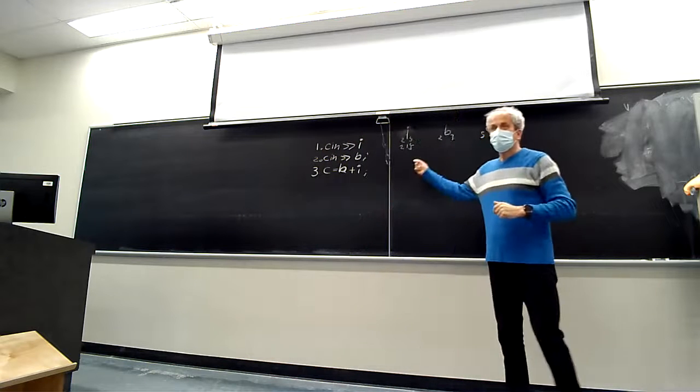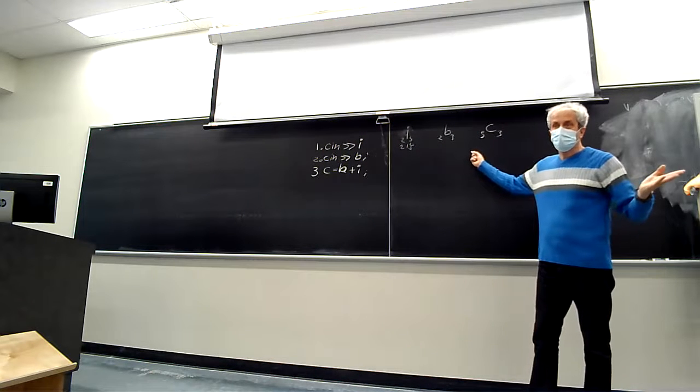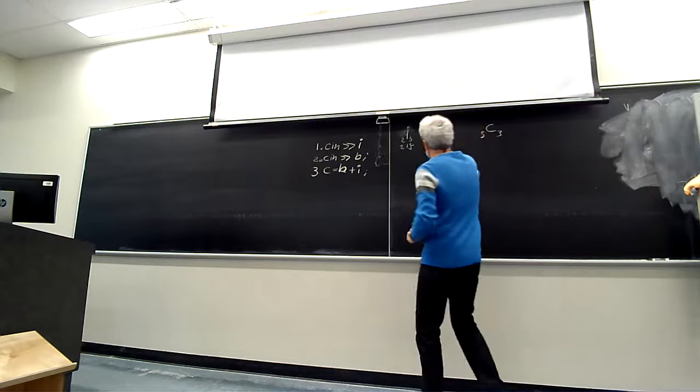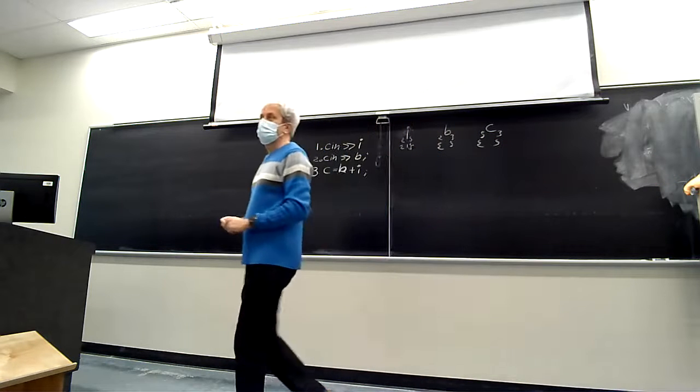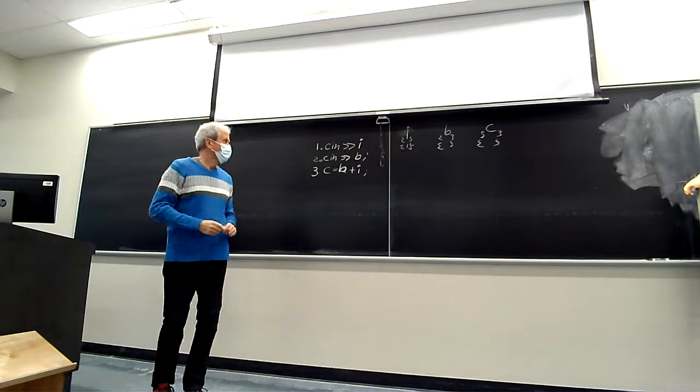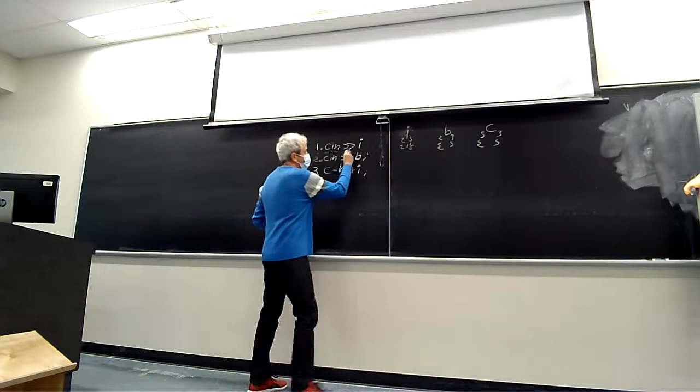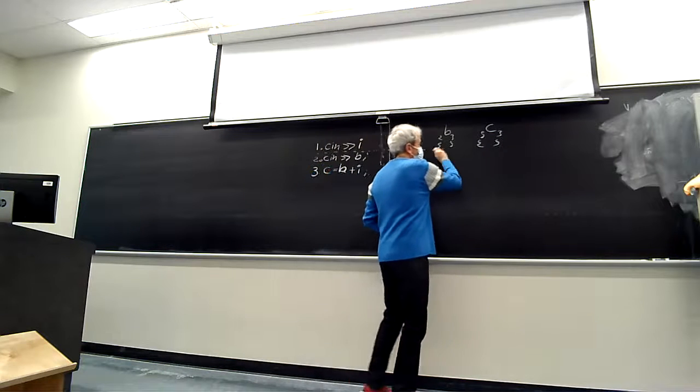Statement number 1 has no impact on B and C, right? Because they are not changed. So the slice for B and C actually remains empty. So that's now after executing, right?